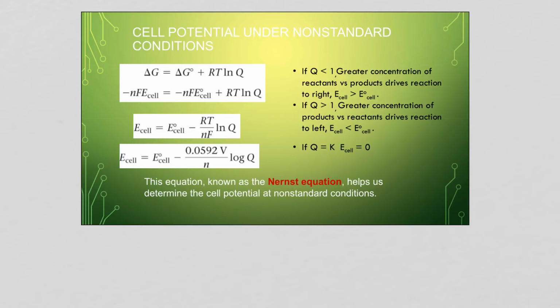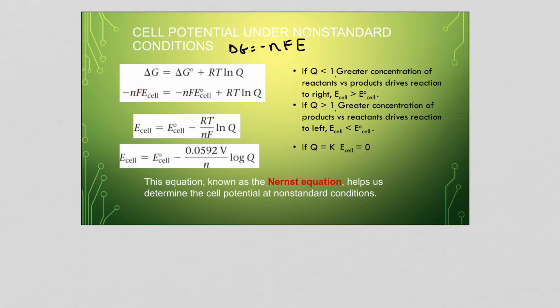If we think back to chapter 19, we established this equation for the calculation of the free energy change under non-standard conditions. Now if we do a little transformation and plug in our E cell value as free energy, remembering that we just determined that delta G equals negative nFE, we can plug that in for both.